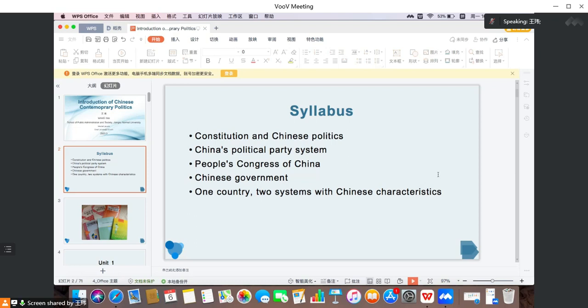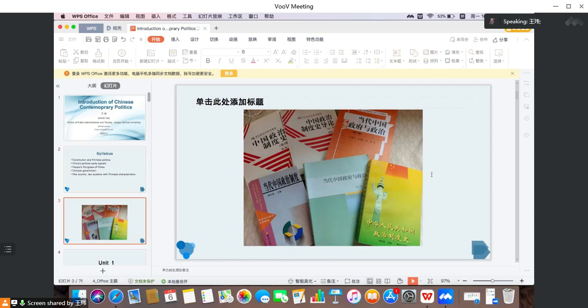But if you are interested in the political system, there are some books, though they are written in Chinese. You can borrow these books from our library, read the Chinese books, and you can also download them from the internet. Of course, if you are interested in Chinese politics.